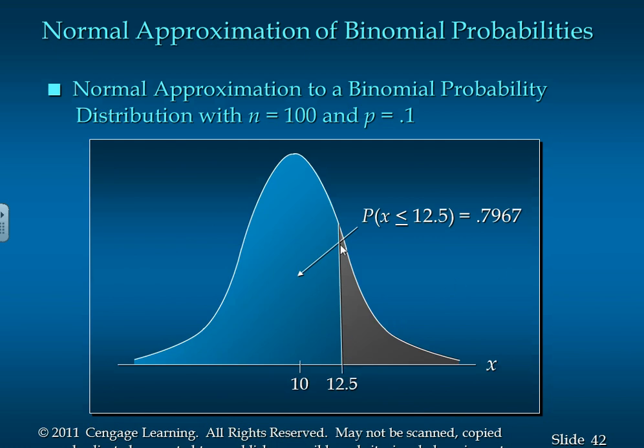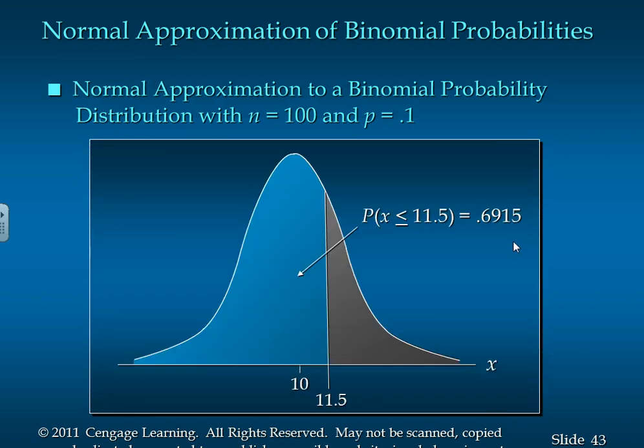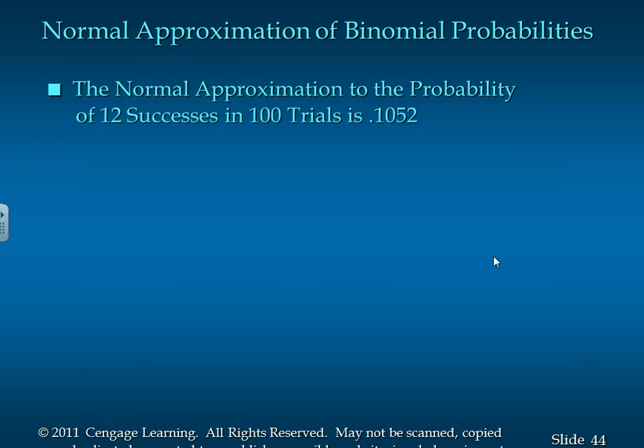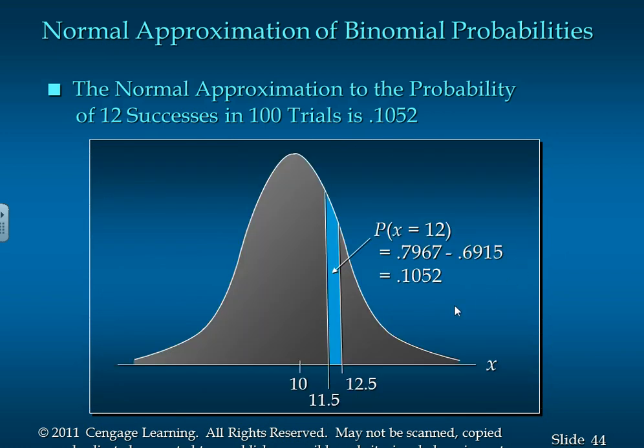We're going to look at 12 using the binomial probability, then look at 11.5, and subtract those two. So the probability of 12 invoices being messed up out of 100 is 0.1052.